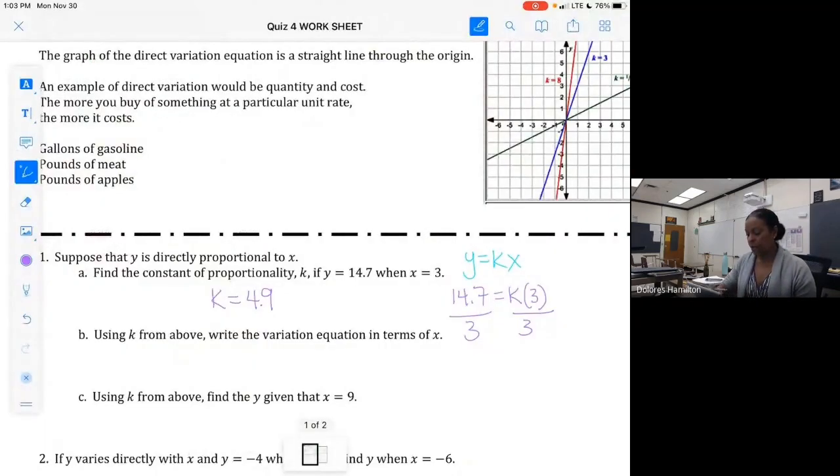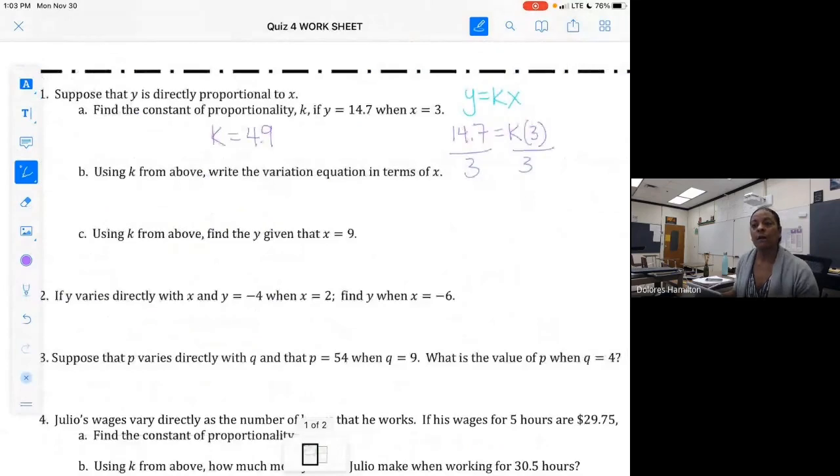So now, knowing that information, it's asking us in part B to write that variation equation. What would that equation look like? So we would plug in 4.9 for k. And there's our equation that tells us how y and x vary.